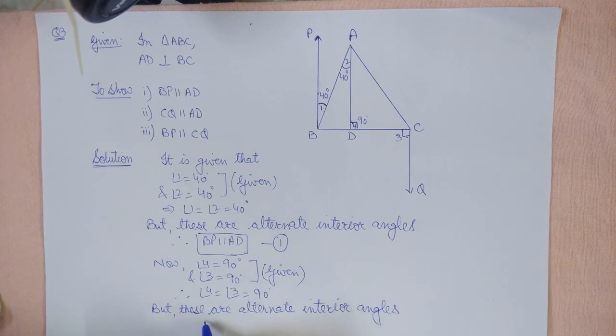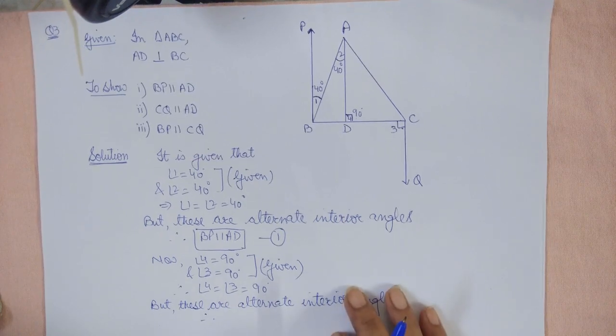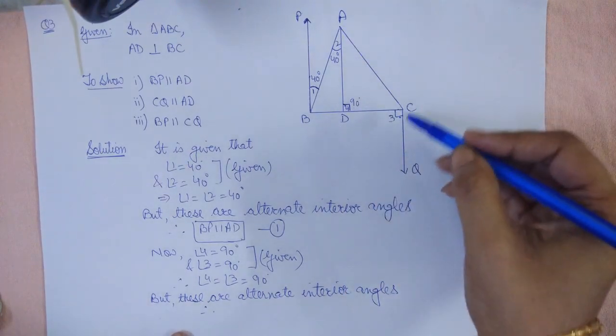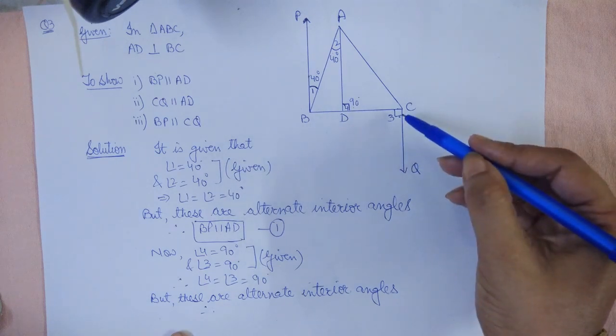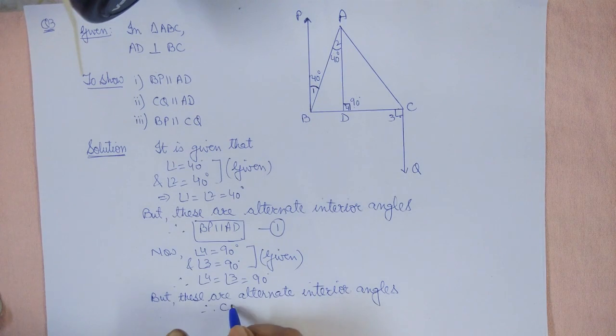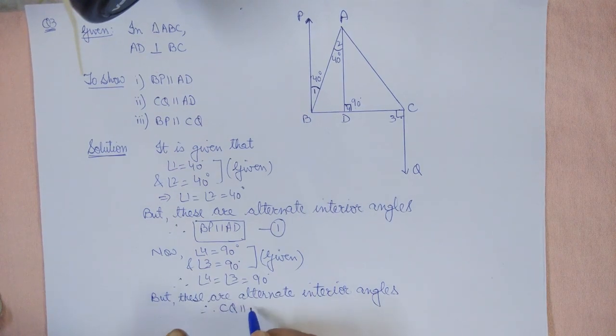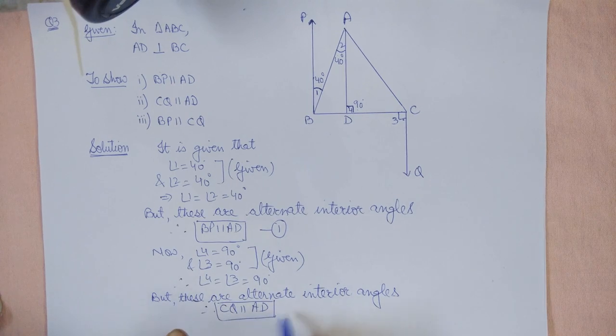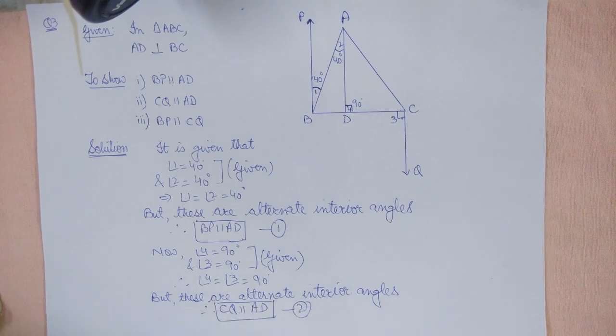So therefore, what will you get? Therefore, AD parallel CQ, or in the reverse order, CQ parallel AD. So this is the proof of the second part.